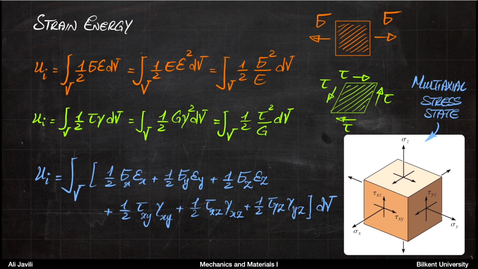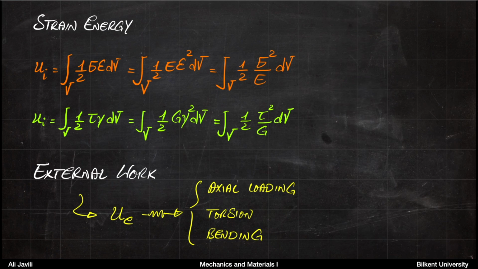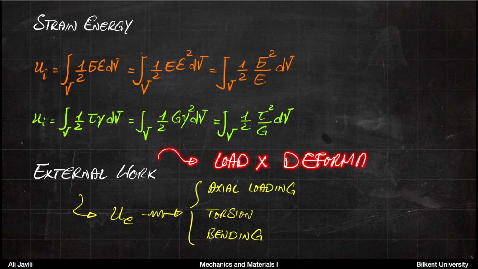Now we know how to handle strain energy, how to calculate strain energy. For external work, we already know what to do. So if you want to calculate external work, either you are talking about axial loading problem or torsion or bending. And then for each case, you would calculate force times this, or load times displacement, or load times deformation, basically deformation measure for that case.